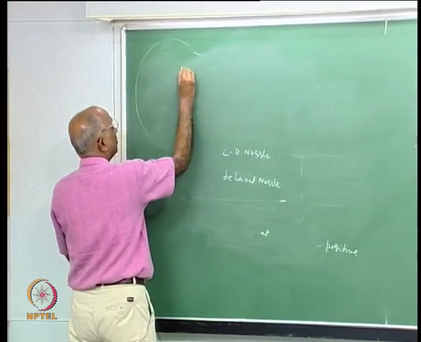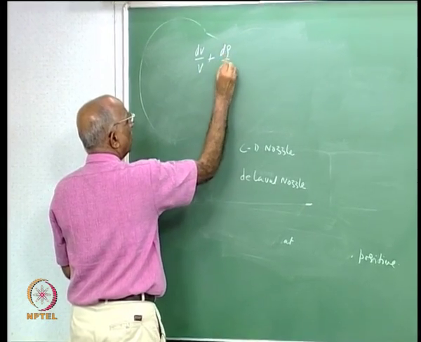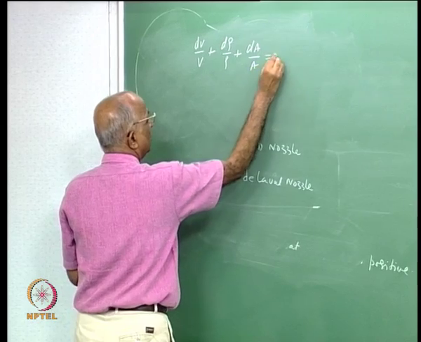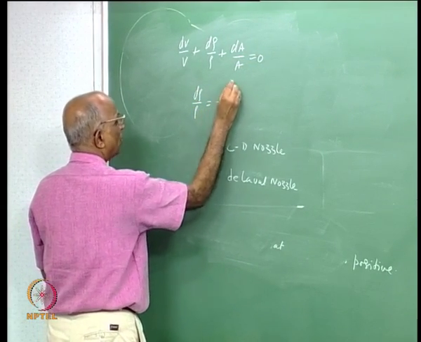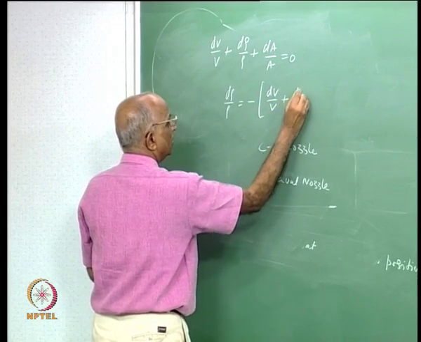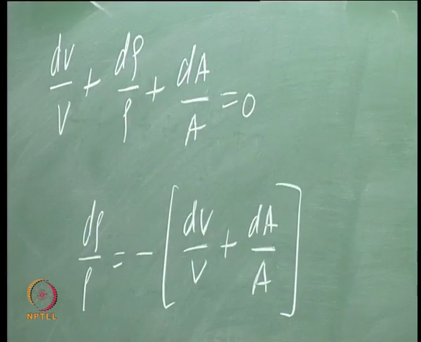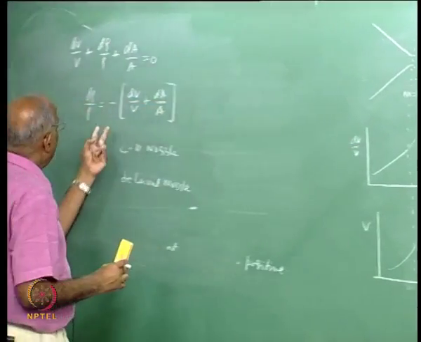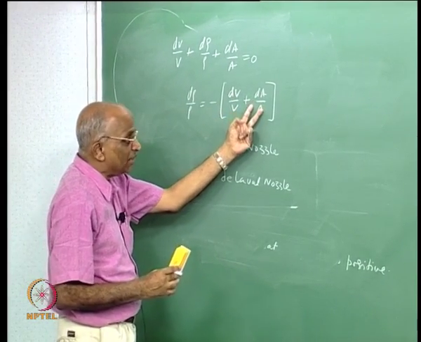We had the expression dV by V plus d rho by rho plus dA by A is equal to 0, or rather d rho by rho is equal to minus of dV by V plus dA by A. I know the value of dV by V increases like this, therefore d rho by rho will be negative and dA by A initially is negative.